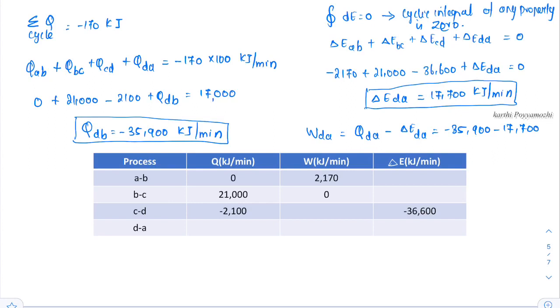So W of dA is equal to minus 53,670 kilojoule per minute. Here we made a mistake: this will be Q of dA and this is Q of dA.